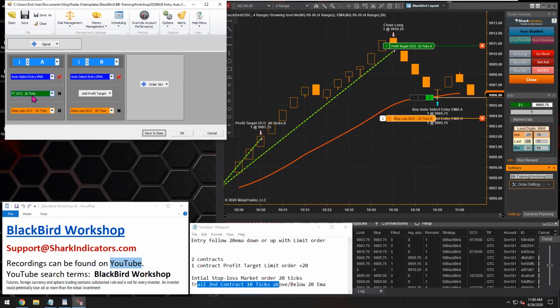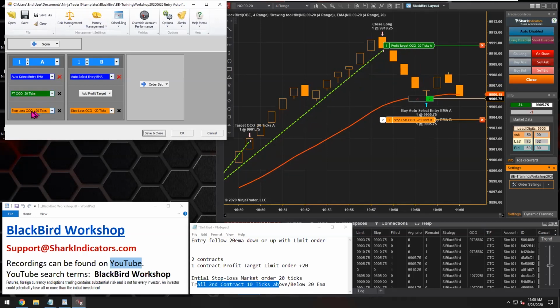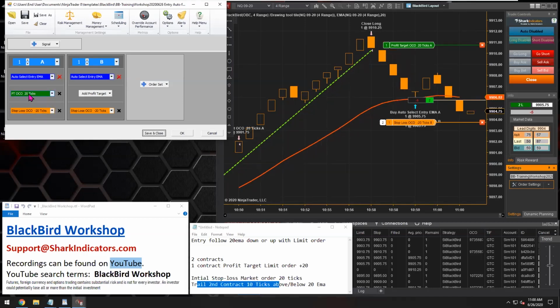A lot of people will say, let's have the stop loss trail once the first profit target kicks in, or just wait until maybe the market makes 10 ticks of profit and then the stop loss can start trailing.